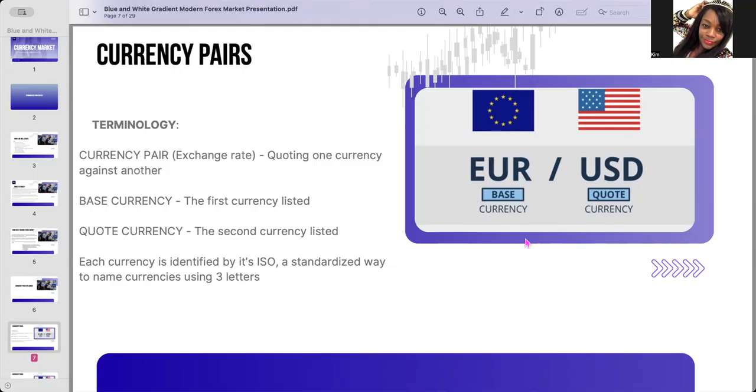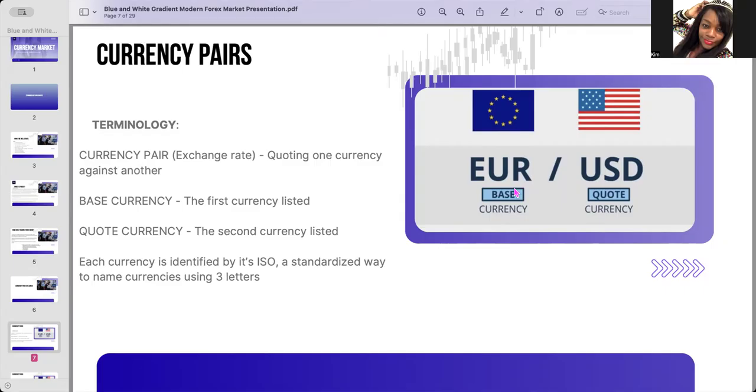Whenever you see an exchange rate like this, the first quote is the base pair. So the euro is the base, and the USD is the quote.